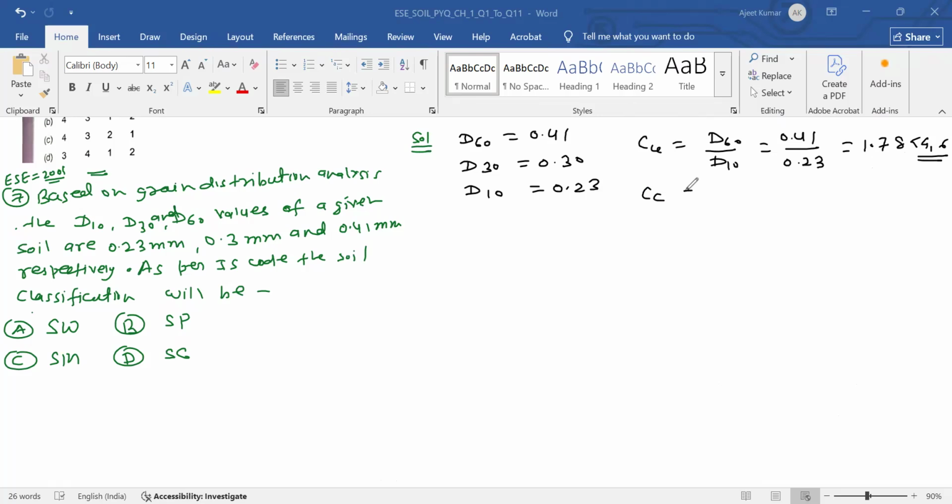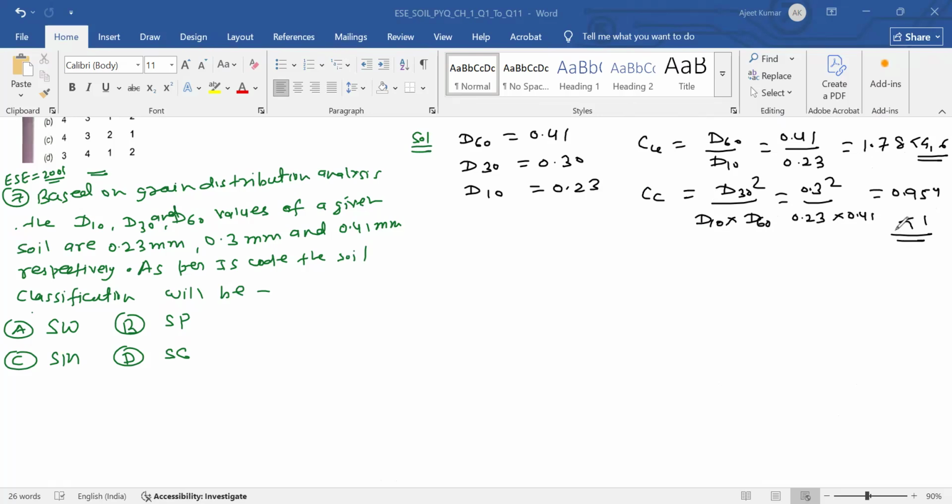And Cc is D30 square by D10 into D60. D30 square is 0.3 square divided by D10 which is 0.23 into D60 which is 0.41. So this is 0.954, which is less than 1.